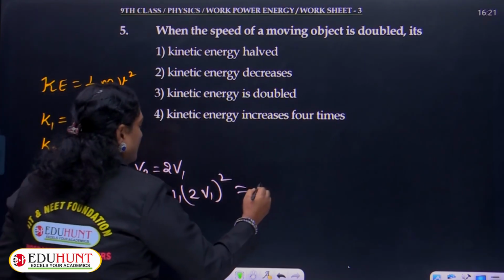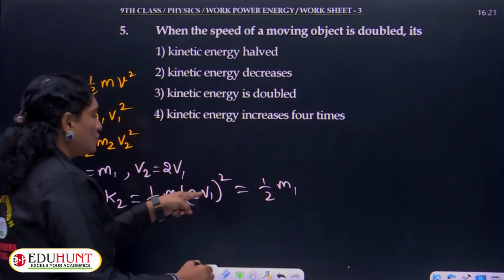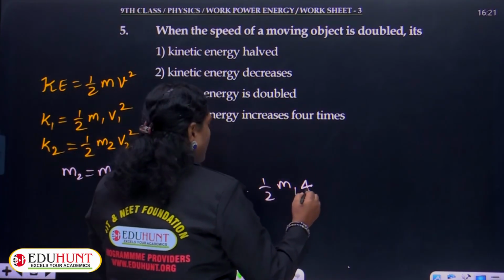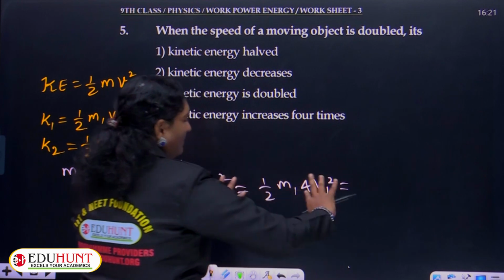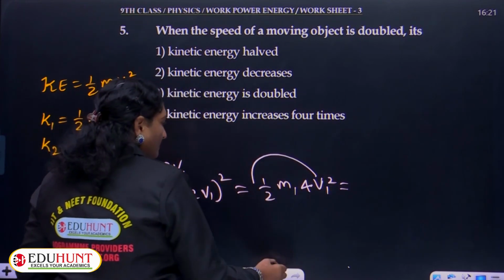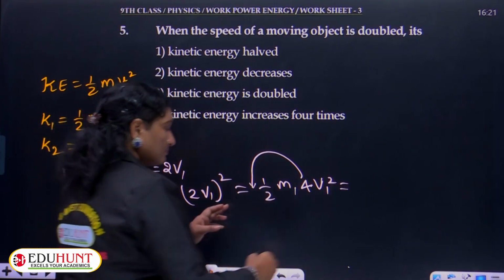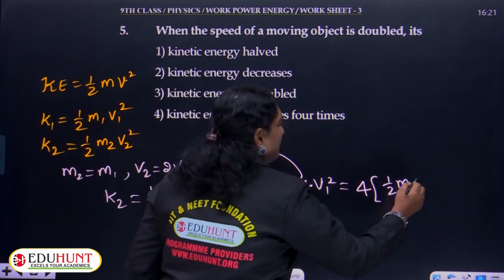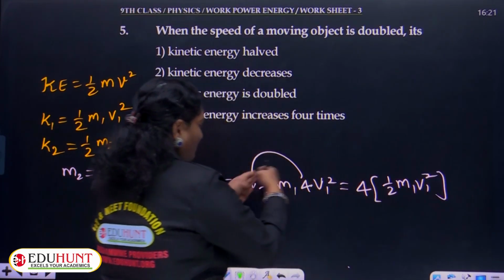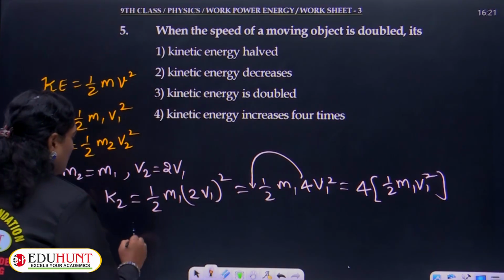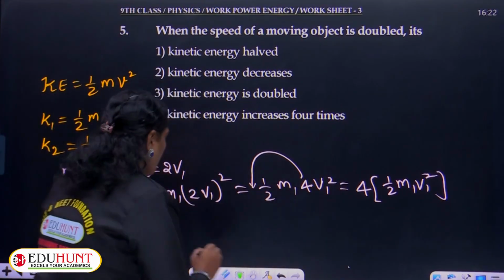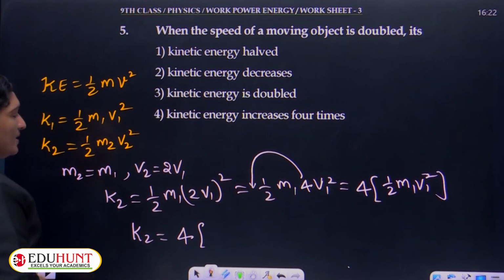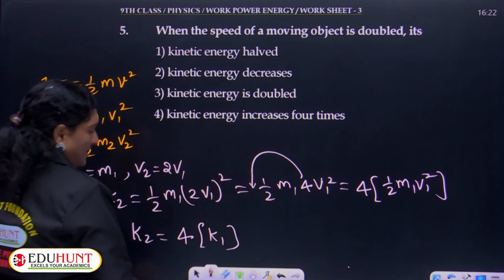Simplifying further, it gives half m1, 2v1 whole square is 2 square v1 square, that is 4 v1 square. Keeping all the variables, bringing only the number 4 forward, this can be written as 4 times half m1 v1 square. Hence, K2 equals 4 times half m1 v1 square. What is half m1 v1 square, children? It is equal to the initial kinetic energy.